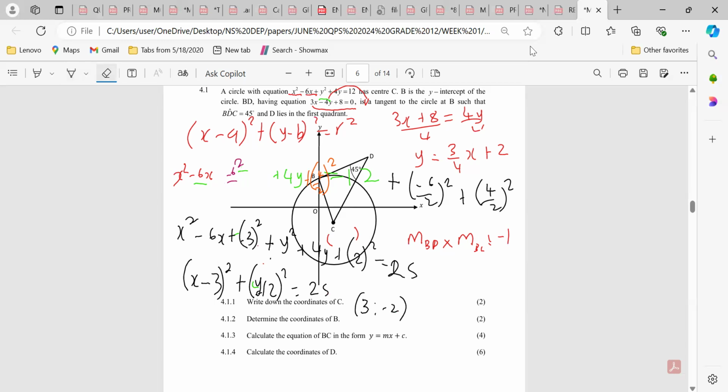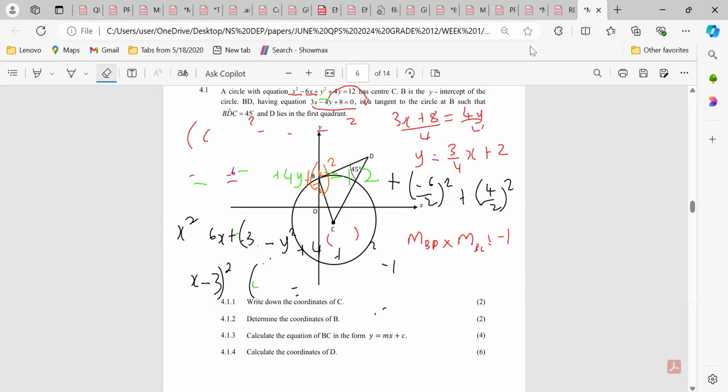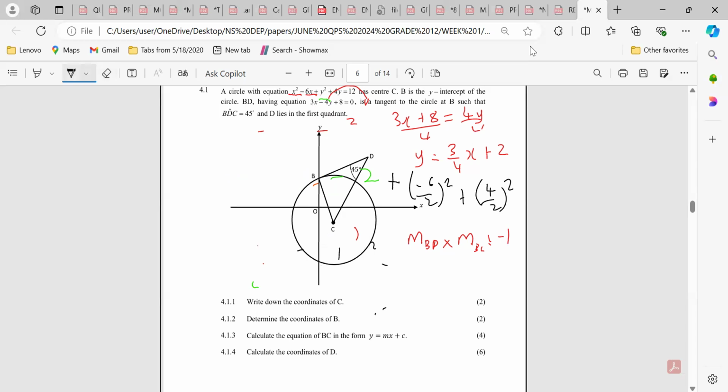But you can do it this way: you can identify the B of X, and then you can also identify the B of Y. Let's identify them.